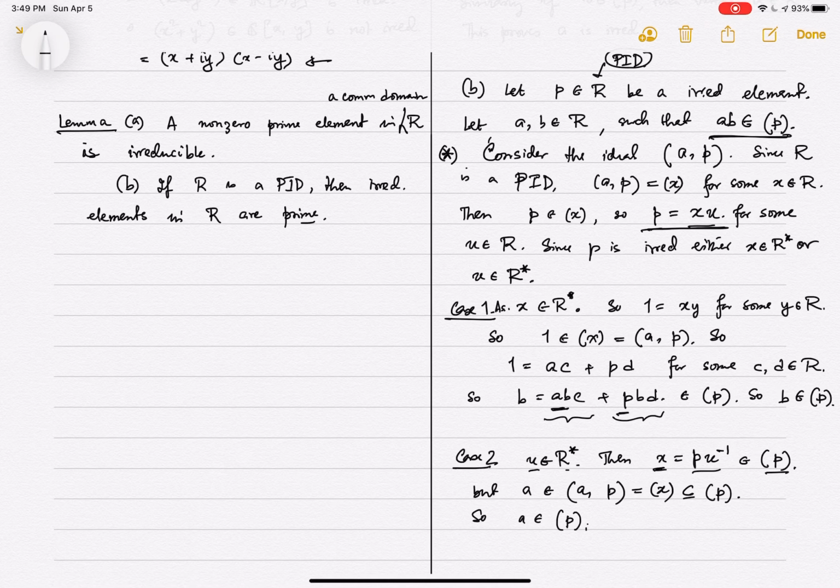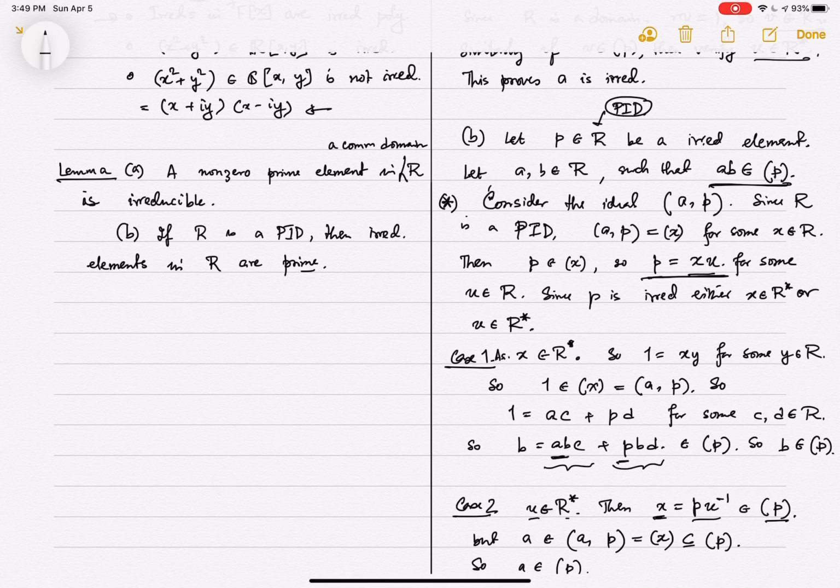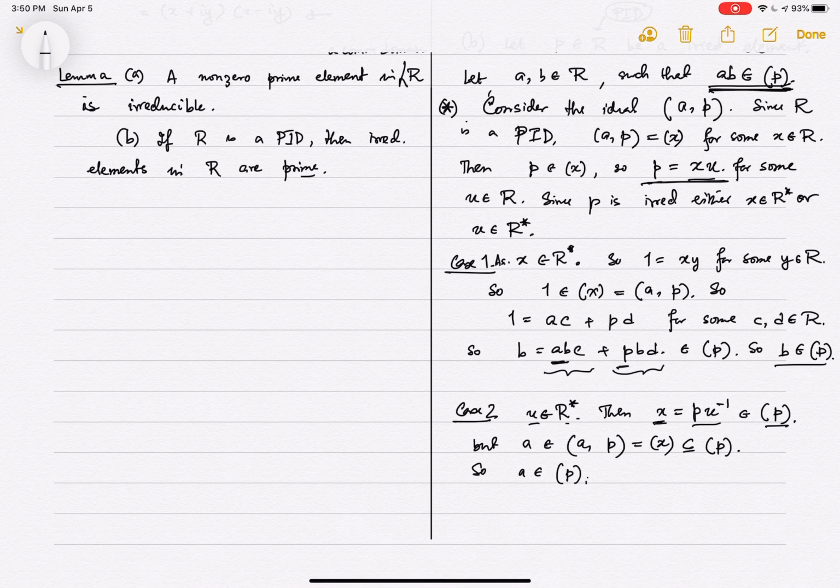What have we argued? We have argued that if AB is in parenthesis P, then either B is in parenthesis P or A is in parenthesis P. Either X was a unit or U was a unit.